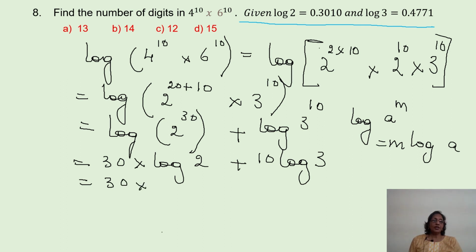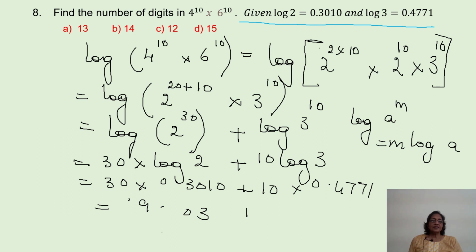So 30 into 0.3010 plus 10 into 0.4771. So this comes out to be 9.03 plus 4.771.